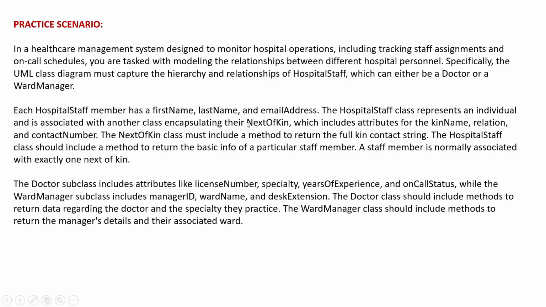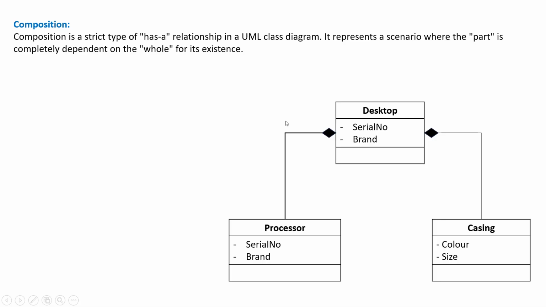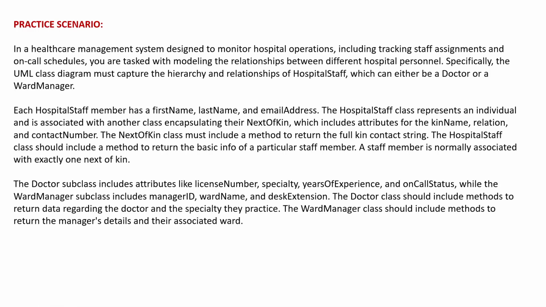So there I would see a part-of relationship that we just looked at in the previous one, which is the composition. So here I can see composition, which includes attributes for the kin name, sorry, relation, and contact number. These will be individual attributes for that class, next of kin.